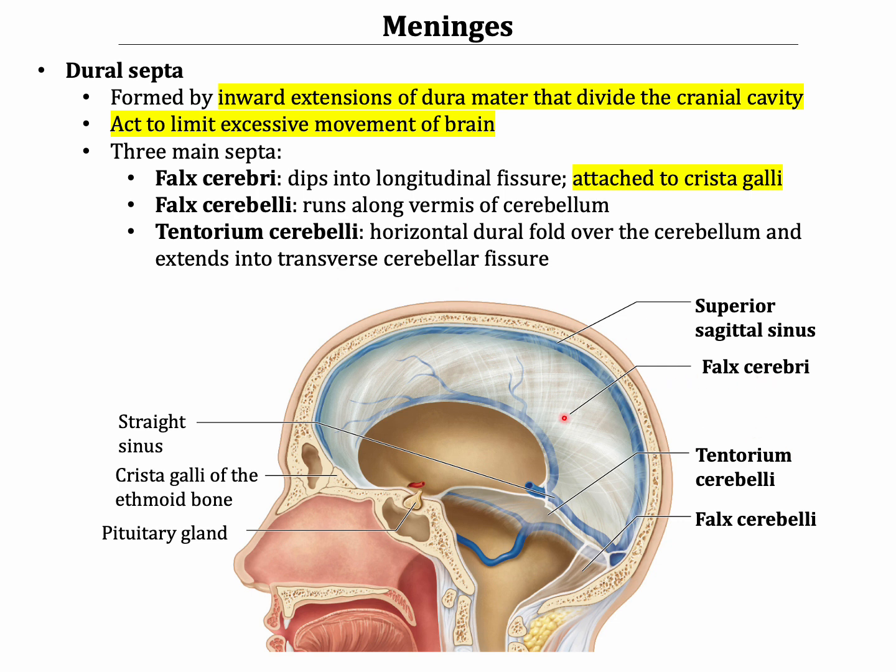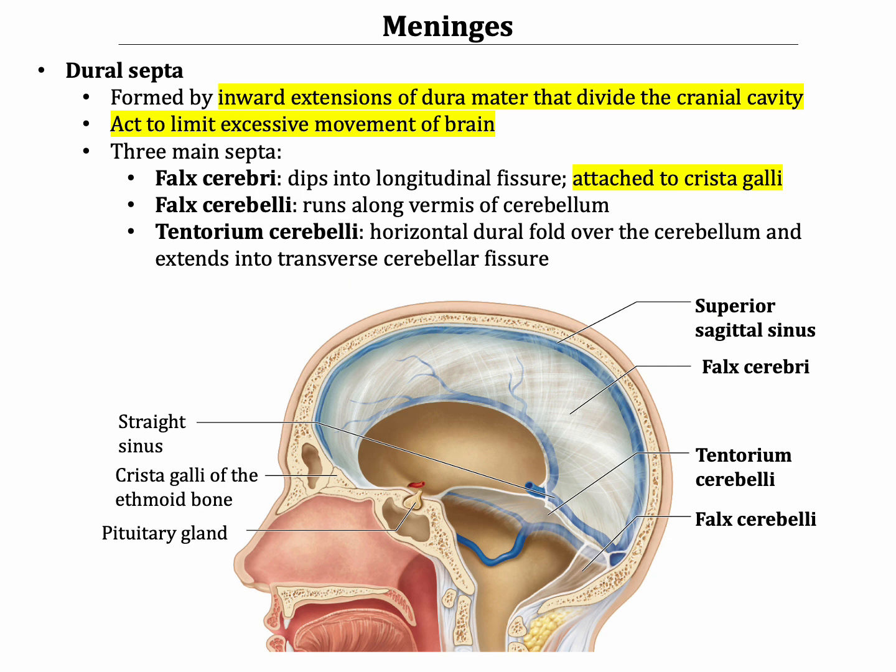So with the falx cerebri, we see that it's dipping into the longitudinal fissure, kind of providing that compartmentalization of left and right. It's anchored to the crista galli of the ethmoid bone, an important attachment site to that cranial bone there. Falx cerebelli, that runs along the vermis of the cerebellum, dividing the left and right cerebellar hemispheres.